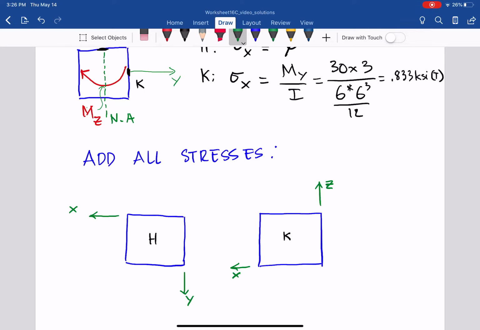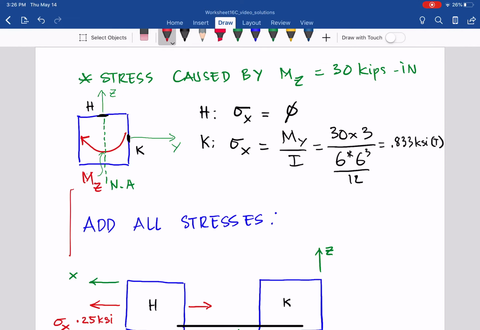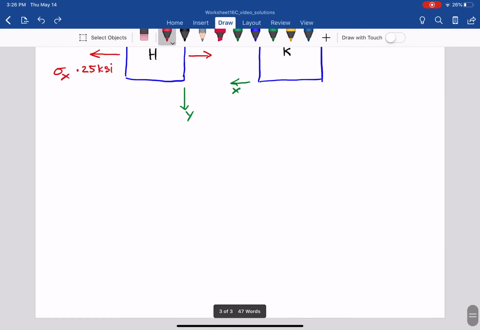So we have here 0.25 KSI, and that is sigma X, as you can see.